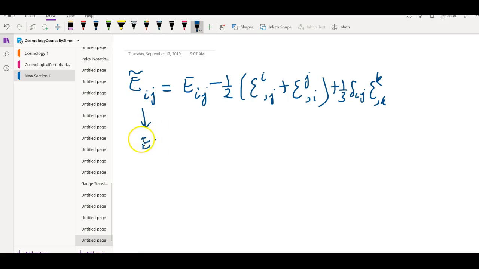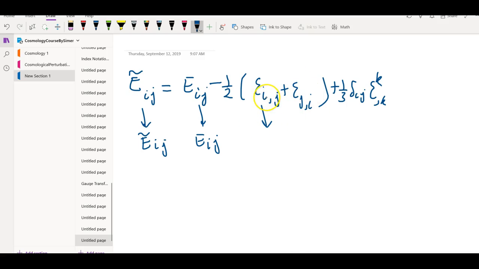This is E tilde ij, Eij, and this is basically xi i j plus xi j i.